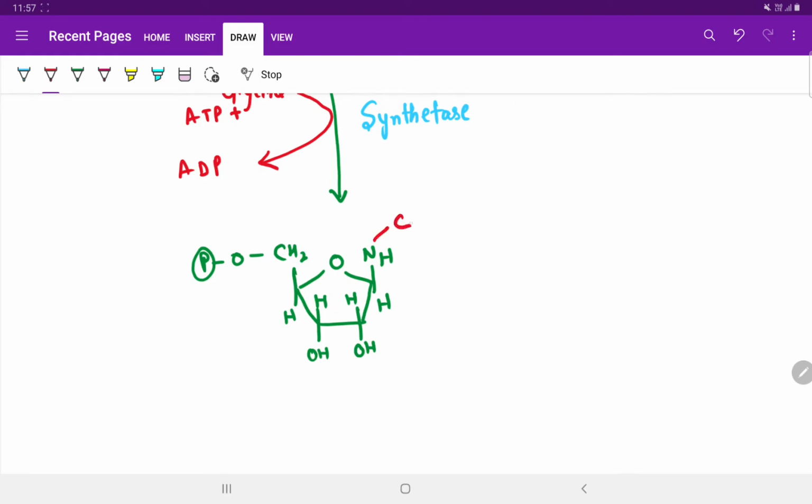So the changes will be like this. This additional chain will be added, and this is known as glycinamide ribosyl 5-phosphate.